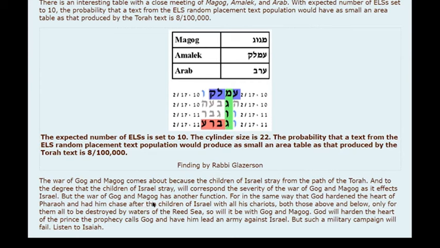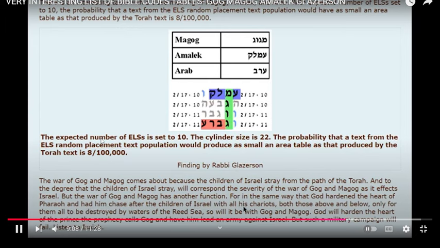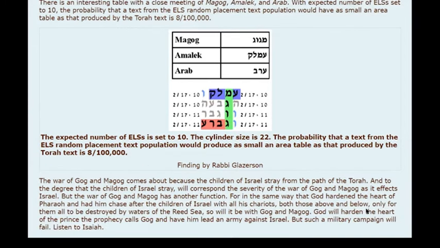But the war of Gog and Magog has another function, for in the same way that God hardened the heart of Pharaoh, and had him chase after the children of Israel with all his chariots, both those above and below, only for them to be destroyed by the waters of the Red Sea, so will it be with Gog and Magog. God will harden the heart of the prince the prophecy calls Gog, and have him lead an army against Israel, but such a military campaign will fail.